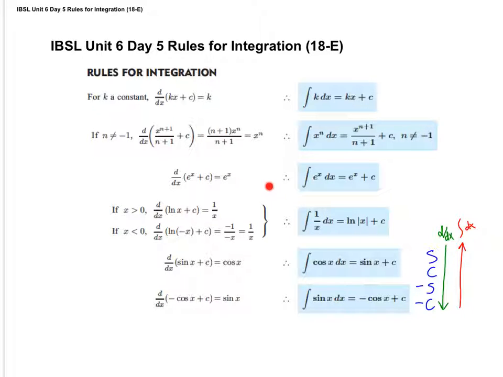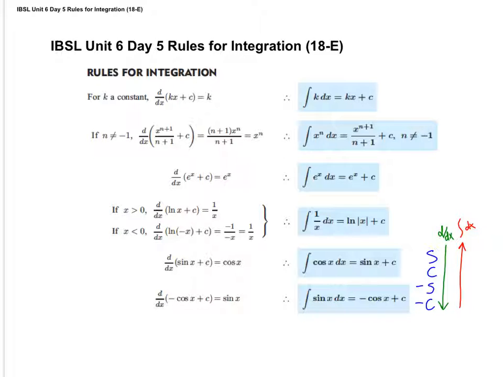1 over x, you learned that the derivative of the natural log is 1 over x, but also the derivative of the natural log of -x ends up being 1 over x. So there are two different functions that have a derivative of 1 over x.